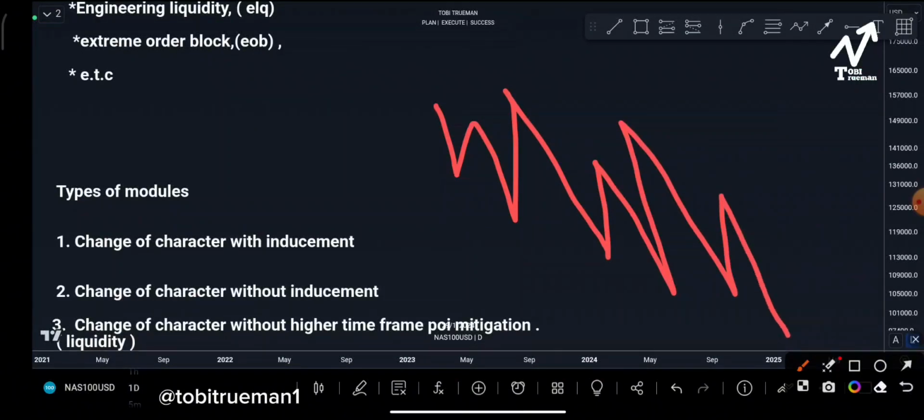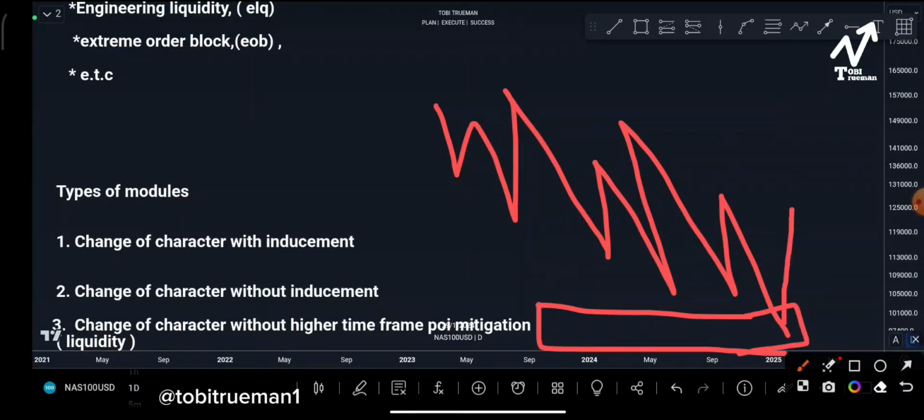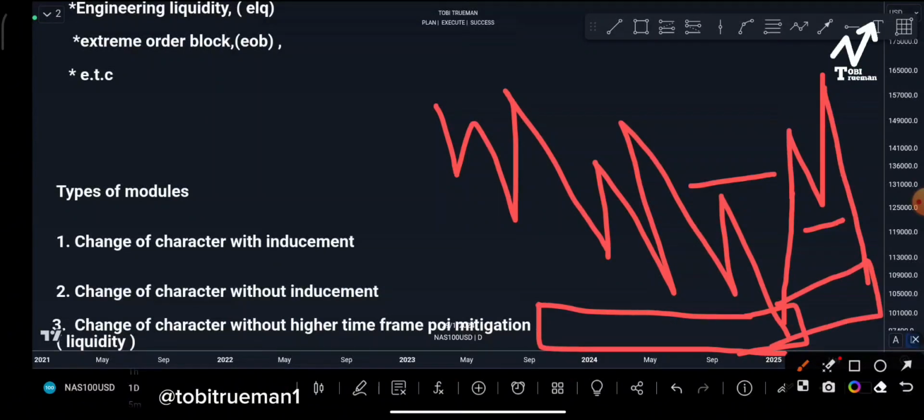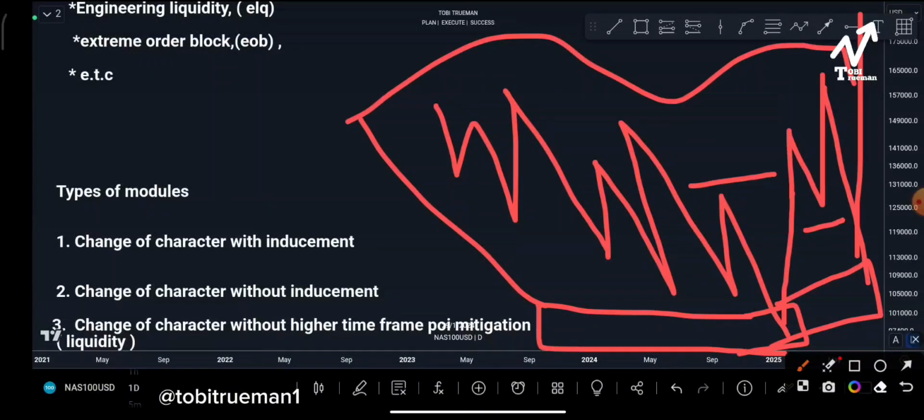Then when price now tapped into the daily time frame order block, you will see price come on the 1 hour time frame, take out the 1 hour time frame inducement, make a counter trend inducement, and price might probably come down, tap on any other block here in the 1 hour time frame, and then it will now continue to do what? To buy upward. But our buy is contrary to the 1 hour time frame structure, which is bearish, right?